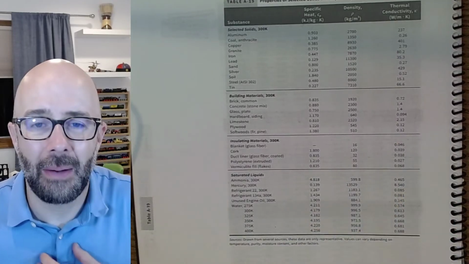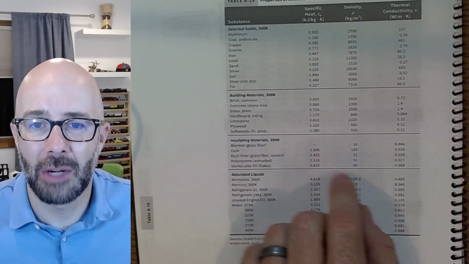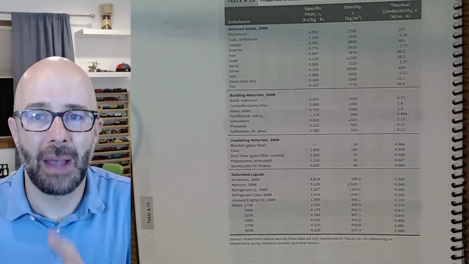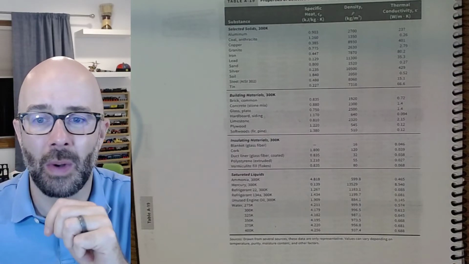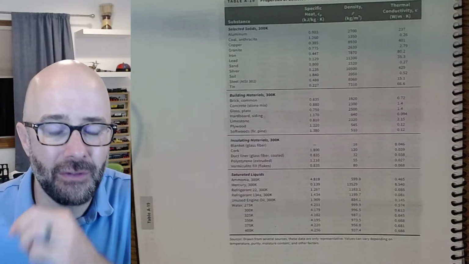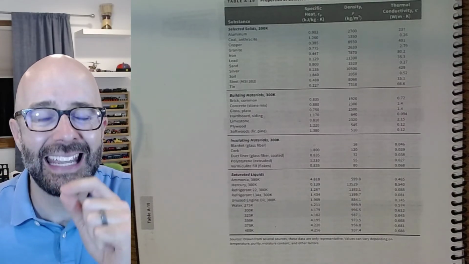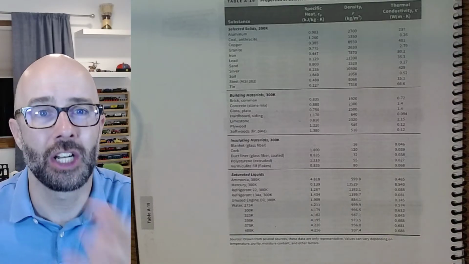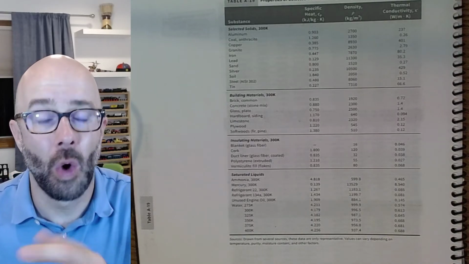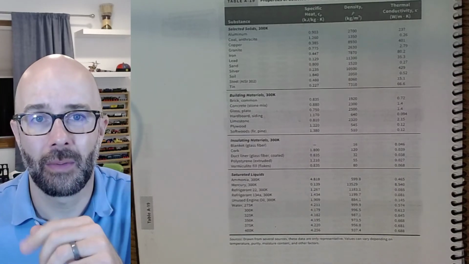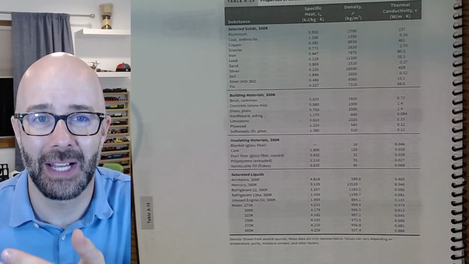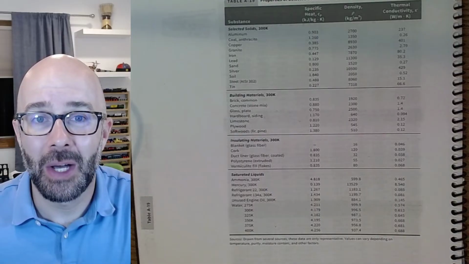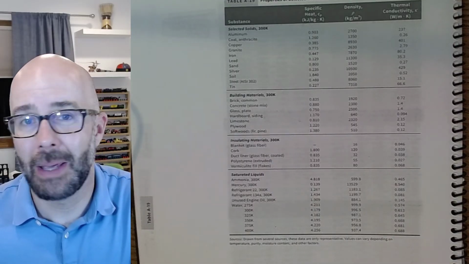Okay, so I didn't have air in here. Air is not in here, but air C sub P is about 1, and water C sub P is about 4. So it means it takes 4 times more energy to be added to water to change its temperature 1 degree, or removed 1 degree. And so this is why swimming pools are so popular in the summertime. The air temperature may be 100 degrees, but the water temperature may be 75.